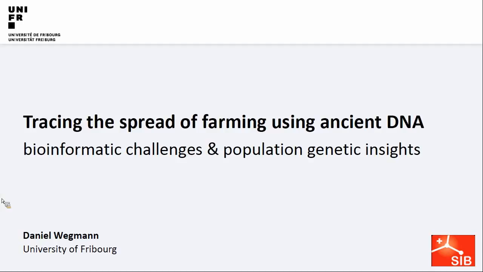Since 2013, he is an associate professor at the University of Fribourg, leading the Statistical and Computational Evolutionary Biology Group, which is also affiliated to the Swiss Institute of Bioinformatics. The primary aim of Daniel's group is to better understand the underlying evolutionary and ecological processes that have been shaping this diversity over the course of evolution on our planet.